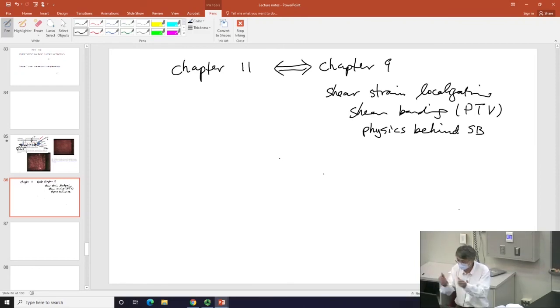Extension, you just grab something and stretch. And of course, in processing, that is a very essential way of dealing with polymers. So this chapter 11 is basically the mirror in parallel of the case of extension.